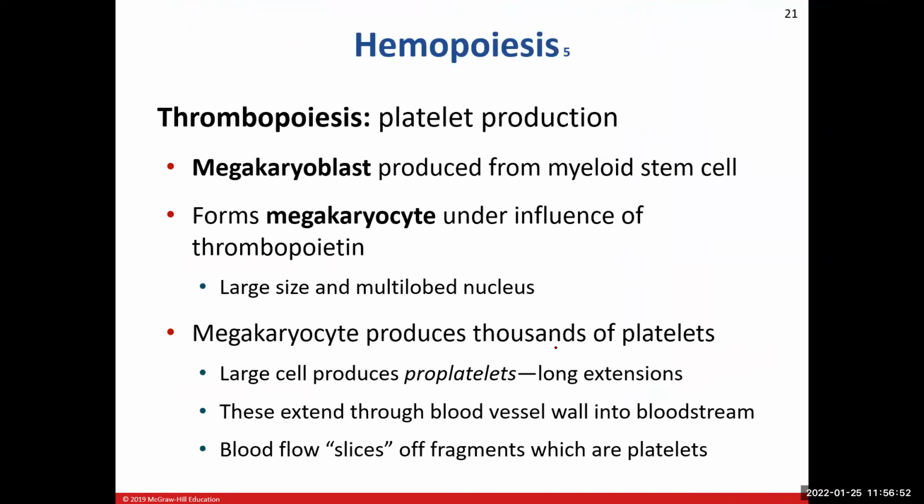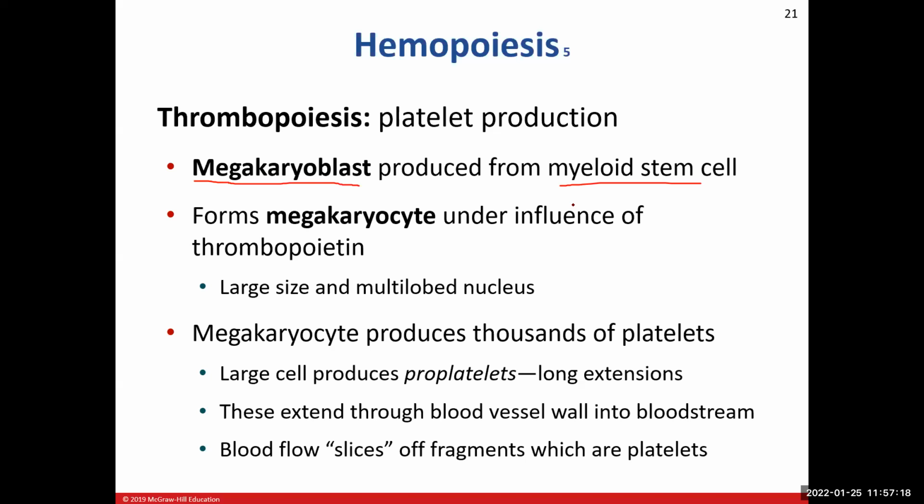And then, of course, we can't forget about our platelets. And then we have our thrombopoiesis. How do we make the platelets? We're going to start off with this big, huge, massive cell called a megakaryoblast. Again, it comes from the myeloid stem cell line. We'll have a chemical exerted on it called thrombopoietin.